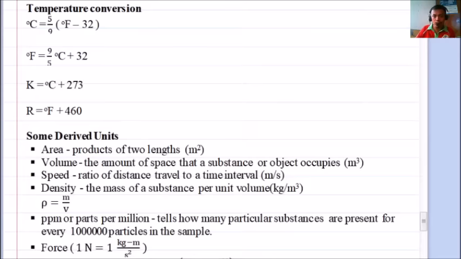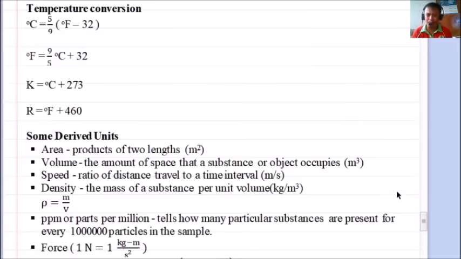Yung R, degree Rankine. Pag Kelvin at saka Rankine naman, hindi po sila absolute. Yung Celsius at saka yung Fahrenheit lang po. So, we have to learn how we are going to convert that.